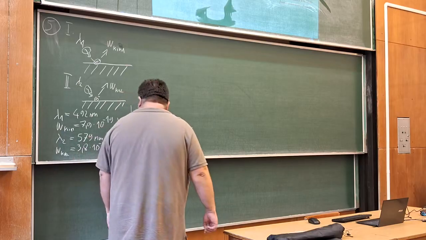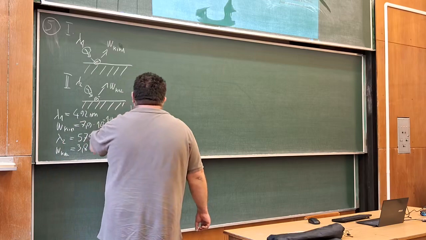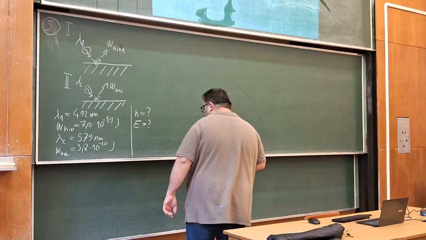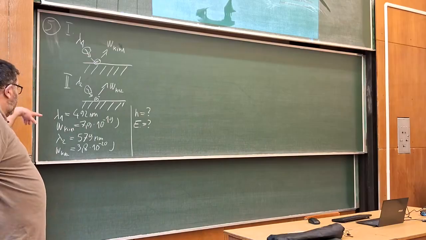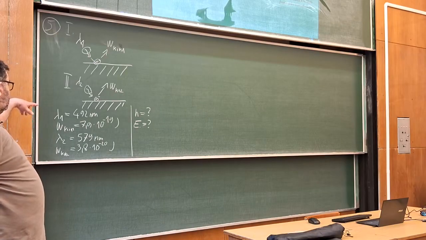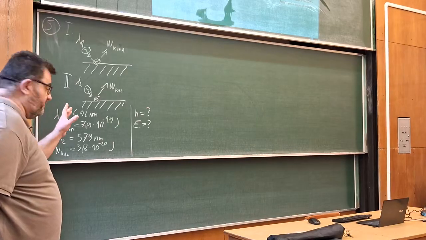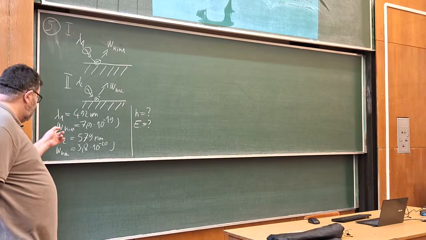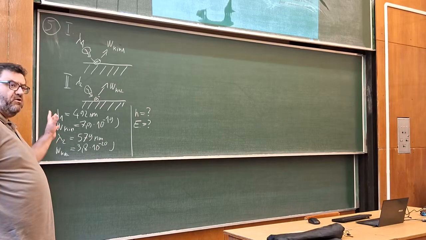It says the energy characteristic of the metal, but, well, we will see. So what we know, first of all, in the first case, you have this 492 nanometers. It's something like green light. The other, this 579 nanometers, is something yellow.